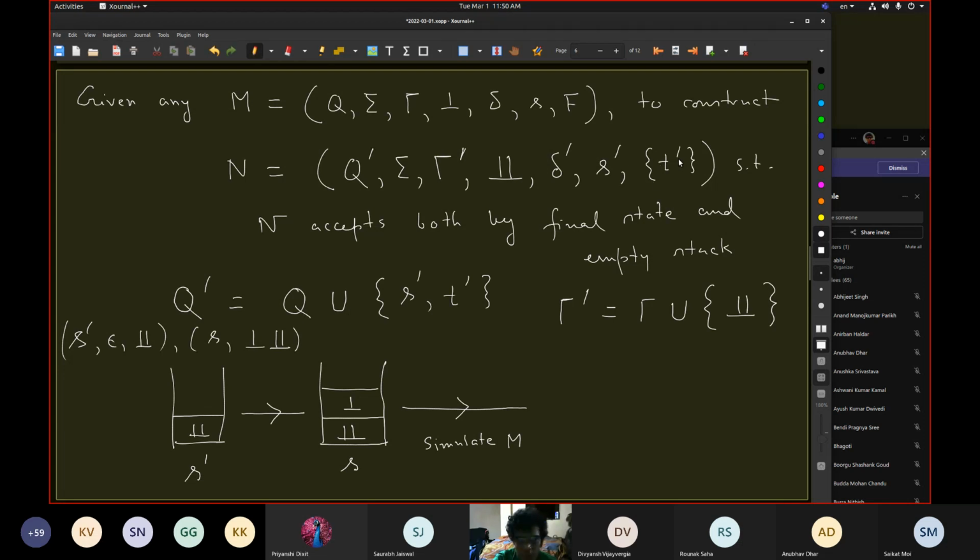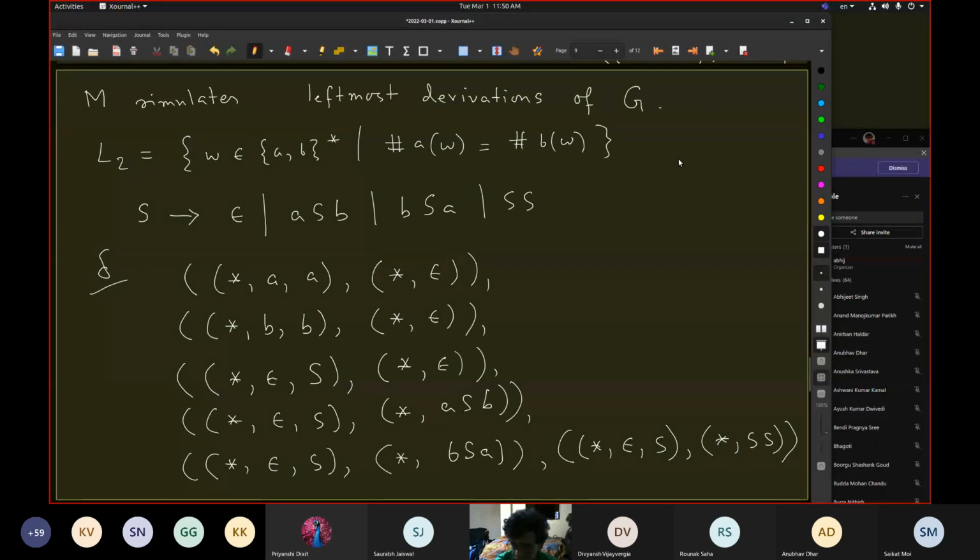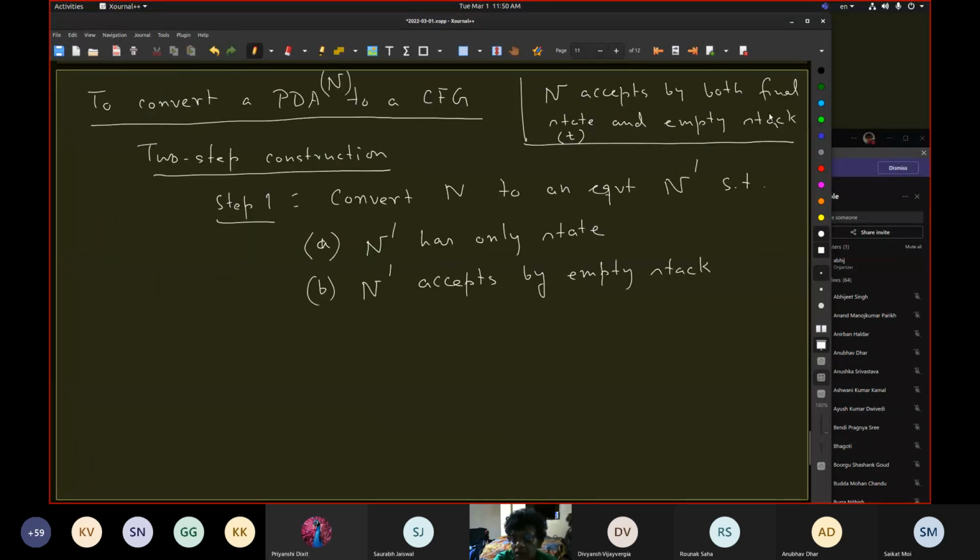So I can make the same assumption on this machine. It accepts not by final state only. There is a unique final state T, and it also empties its stack.